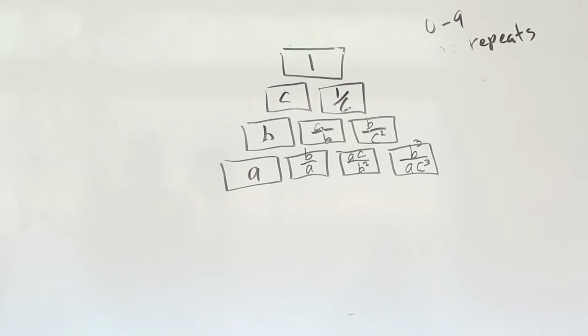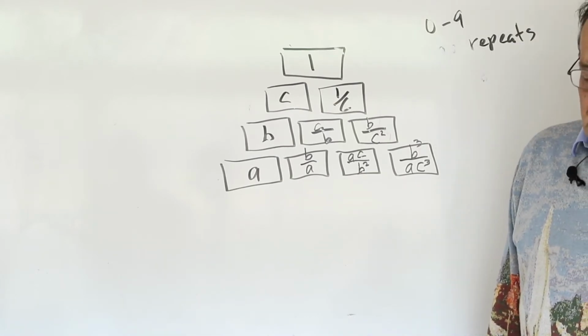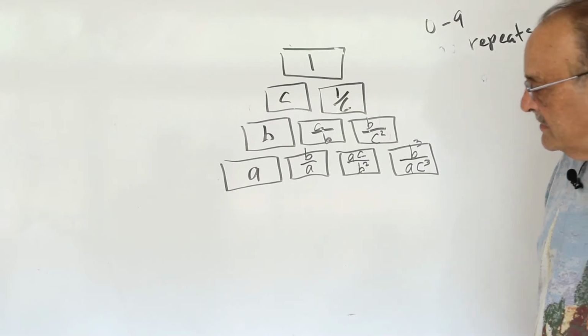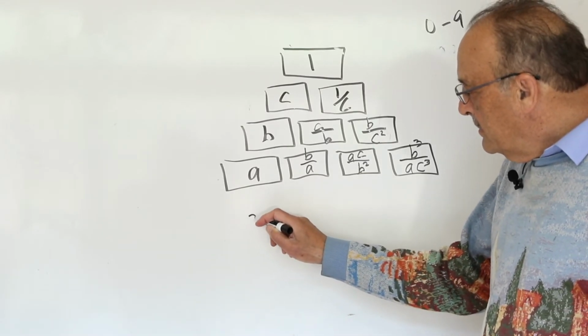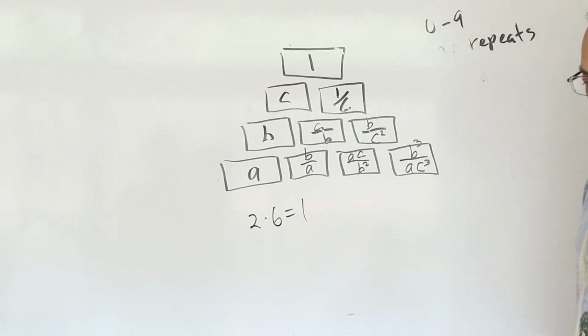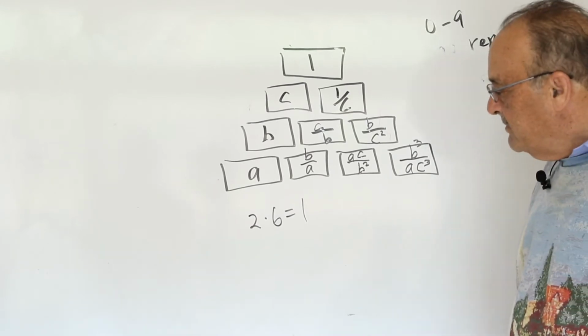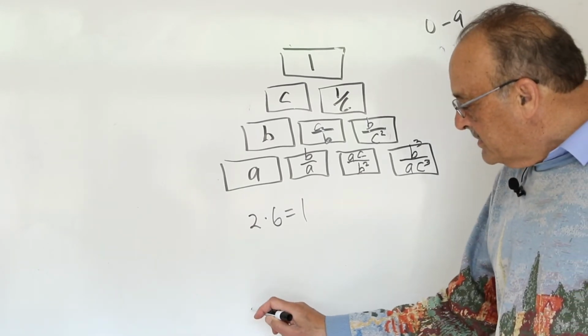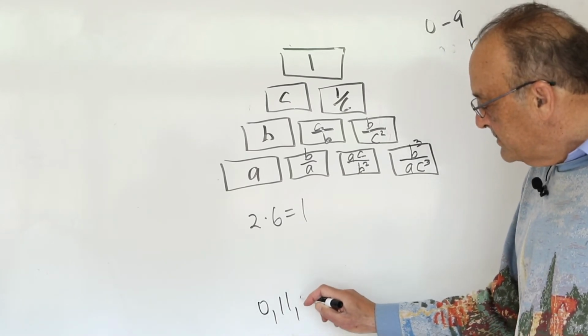So now we're going to talk about partner pairs again, but this time we'll be looking for multiplicative inverses. So when you're working mod 11, 2 times 6 equals 1. Because when you're working mod 11, every time you multiply, you subtract the biggest multiple of 11 that you can. So you're always looking to subtract one of these numbers.